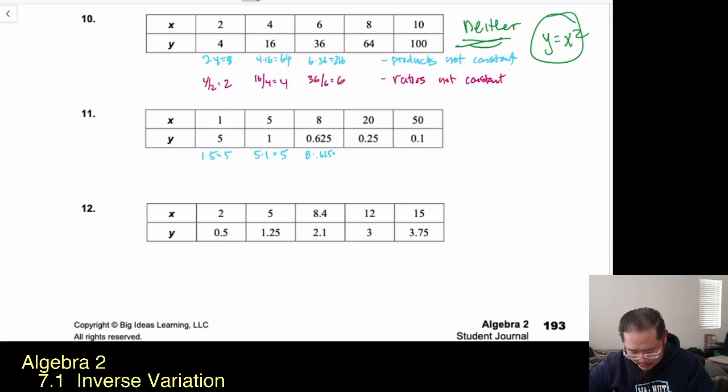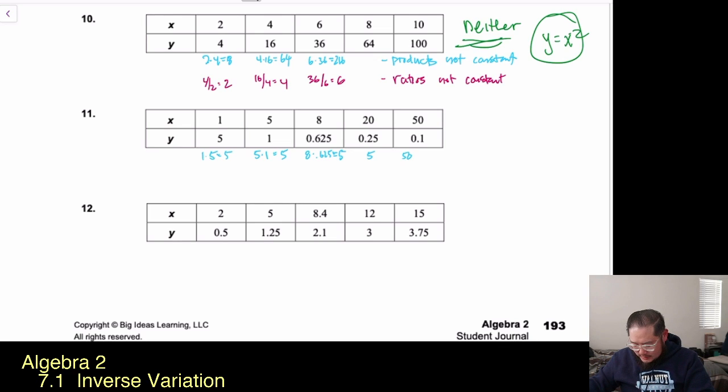I'd continue on, 20 times 0.25, that equals 5. And when I multiply 50 times 0.1, guess what? That equals 5 as well.